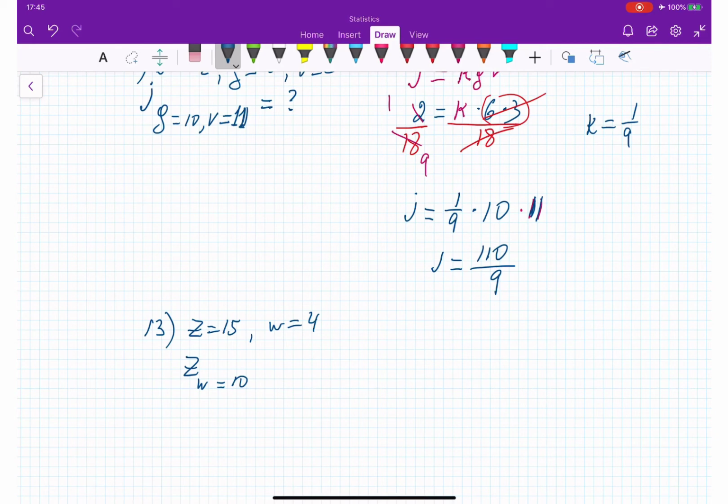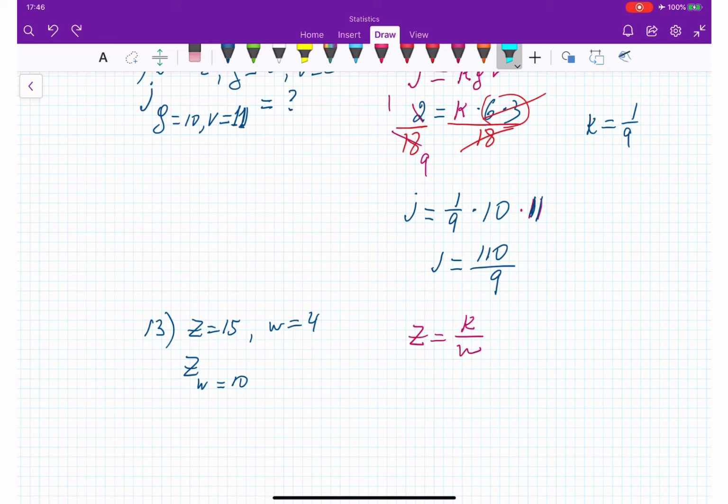For the inversely proportional formula, z is equal to k over w. You see that z and w are inversely proportional, correct? The more z is, the less w is. So we have z is 15, w is 4. We can find the variation constant, right?